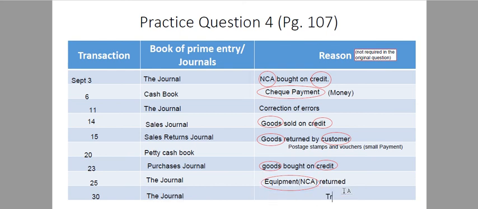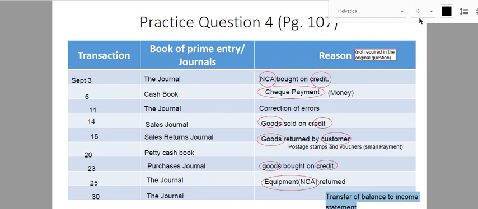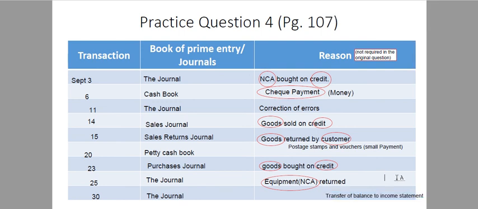So the reason is transferring of an account balance to income statement. So transferring an account balance to income statement. Just bear with us, we'll just make the font size a bit smaller to fit in the row. It does now. Okay, so that finishes it.